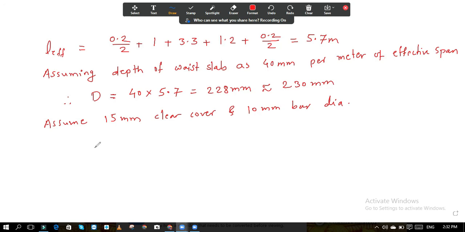Effective depth small d is equal to your overall depth minus clear cover minus half of bar diameter. So it is 210 mm. Okay, it is 210 mm. Now the next thing is load calculation.